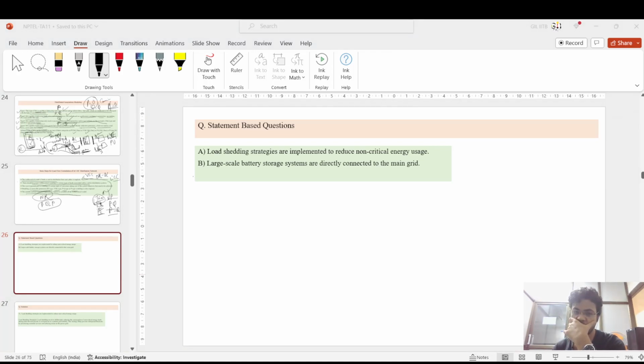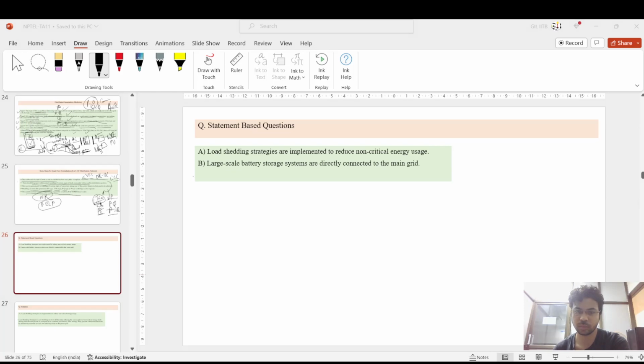So first question, don't take a lot of time for solving these questions. I got one answer that A is correct. Anybody else want to give the answer? Okay, I got one answer that B is false and A is correct.